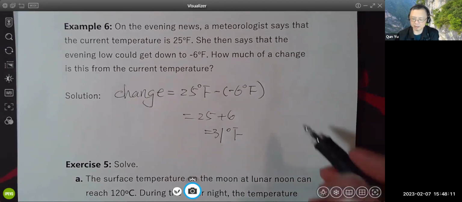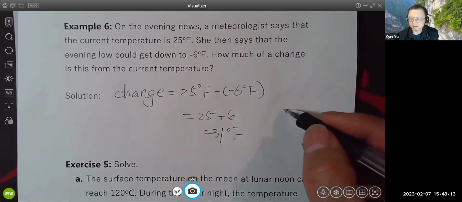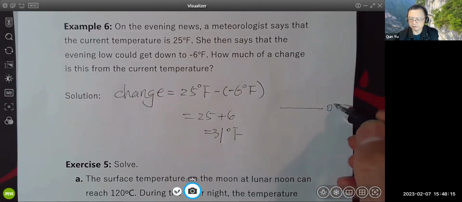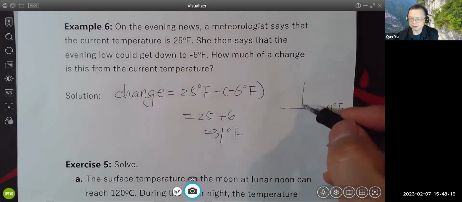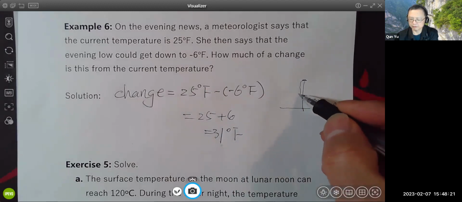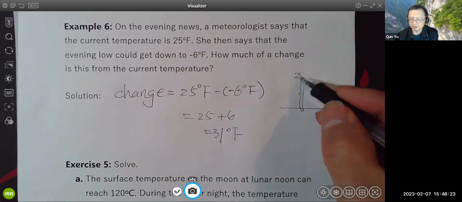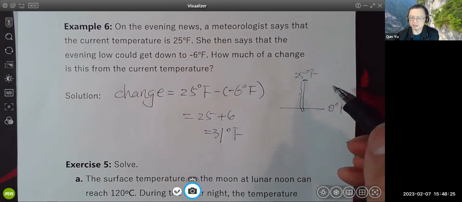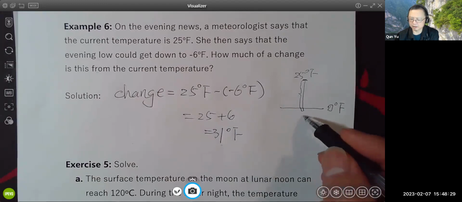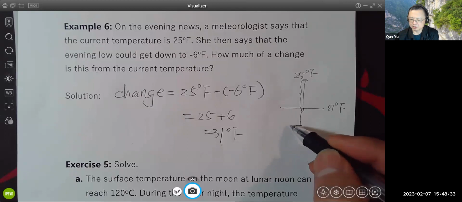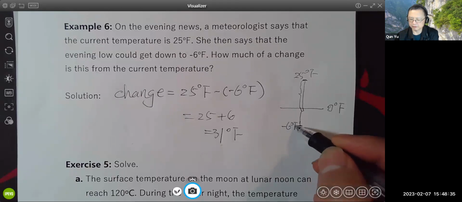Let's see if this makes sense. Let's say this is 0 degrees Fahrenheit. Currently it's 25 degrees, so it's here, 25. Now the evening low is -6 degrees Fahrenheit. It's below 0 for sure because it's negative. Suppose it's here, -6 degrees Fahrenheit.